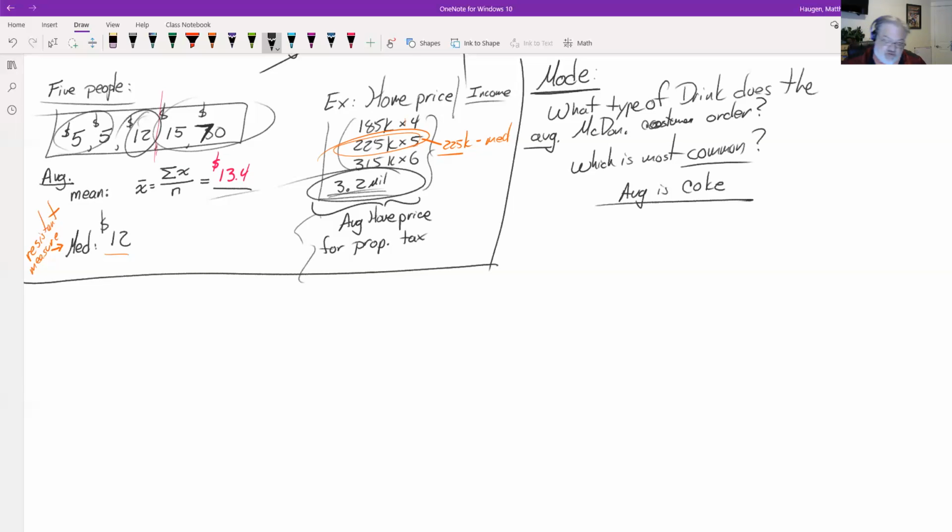Is it because it's the middle in order? No. Is it because if we add them all up and divide by how many we had, we get the value of Coke? No. It's because it's the one that occurs most commonly, and it's the only type of average we have for categorical data. That really is mode's major advantage, that it works on categorical data.